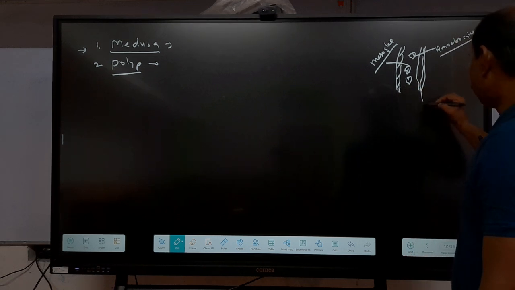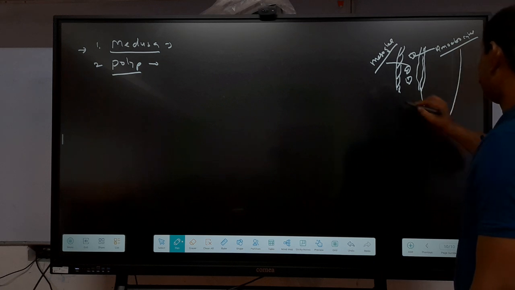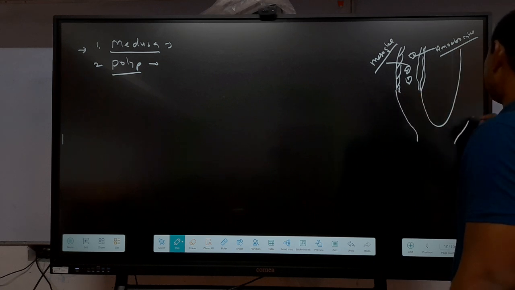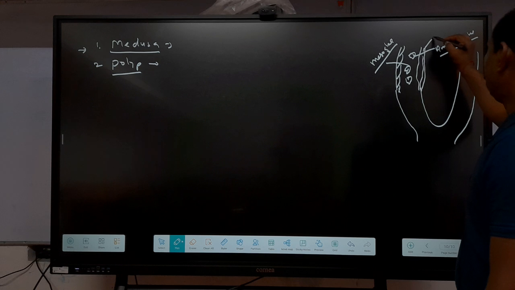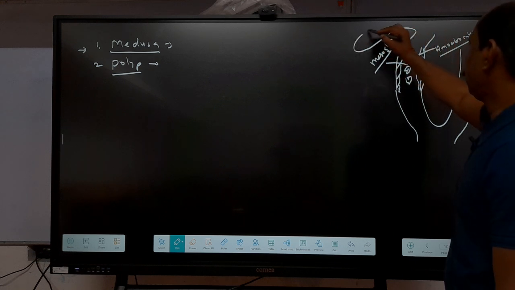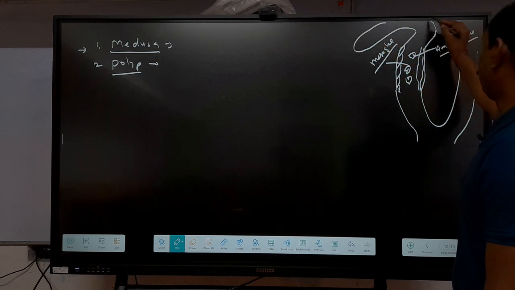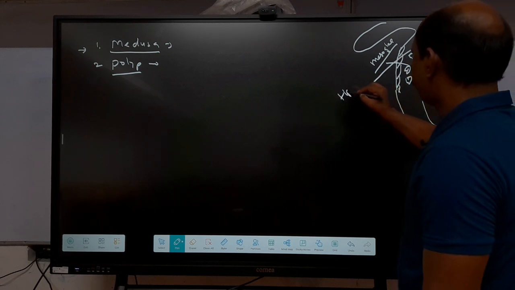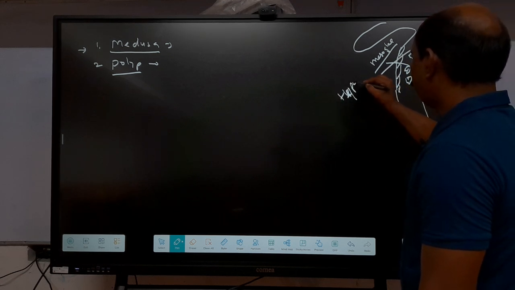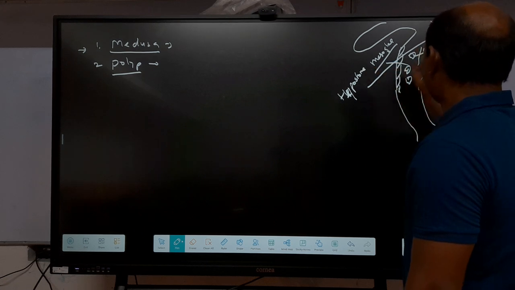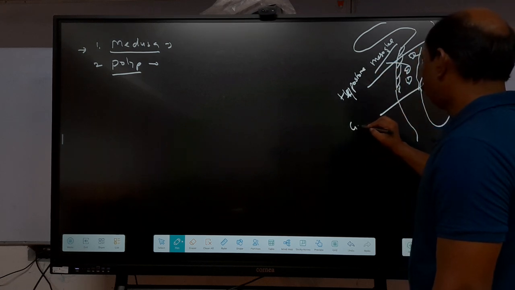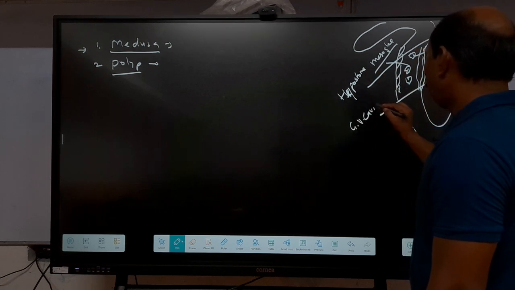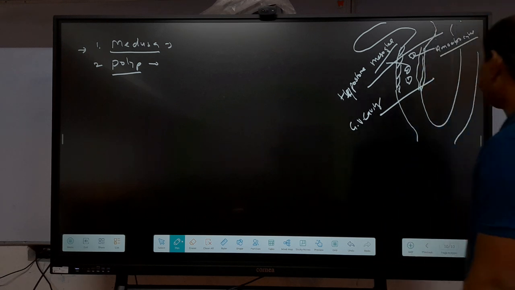So when we consider this one, it is our polyp stage, and on this side tentacles are there, and now here is an opening. This one is called hypostome, that is the mouth. This one is the gastrovascular cavity or coelenteron cavity, right?